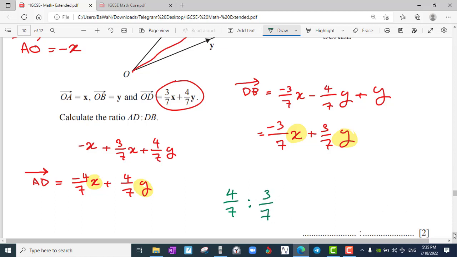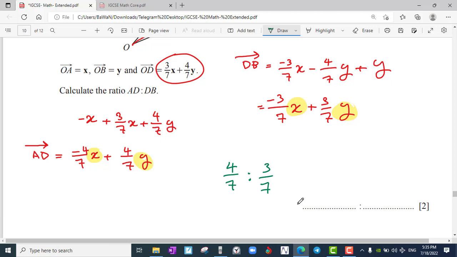But ratios are just like fractions. We simplify and we need to give the answer in the simplest form. Fractions are not simple for ratio, so if we multiply them by 7, we will get 4 to 3. The ratio AD to BD is 4 to 3.